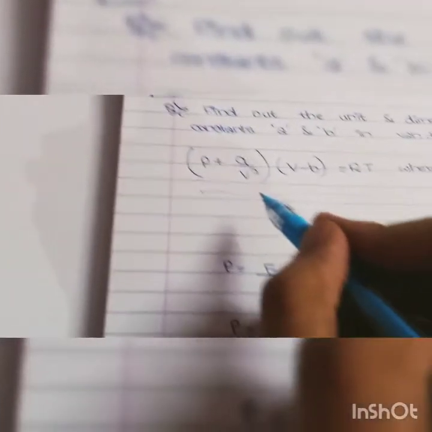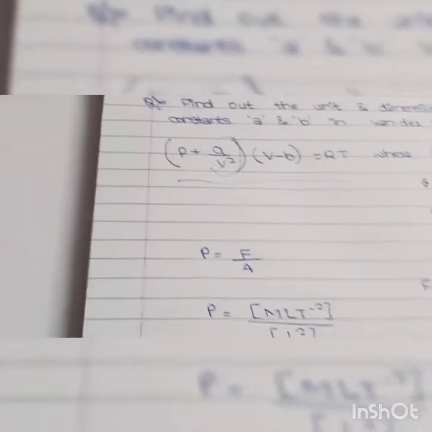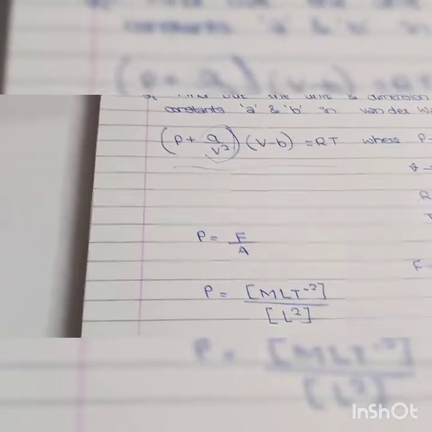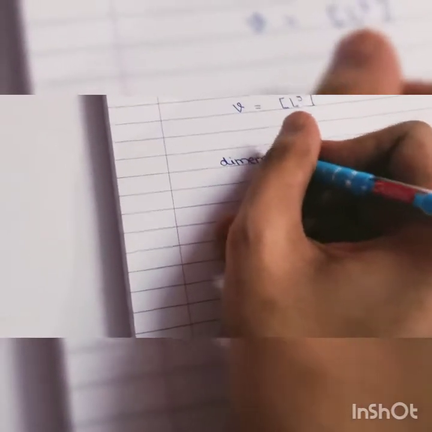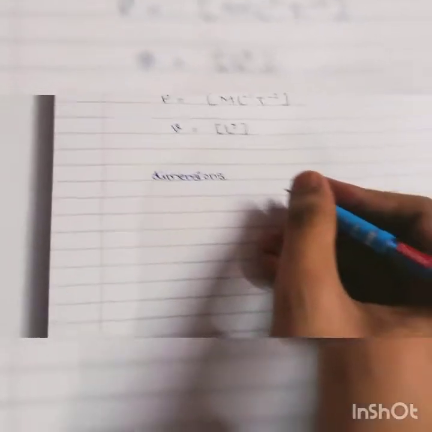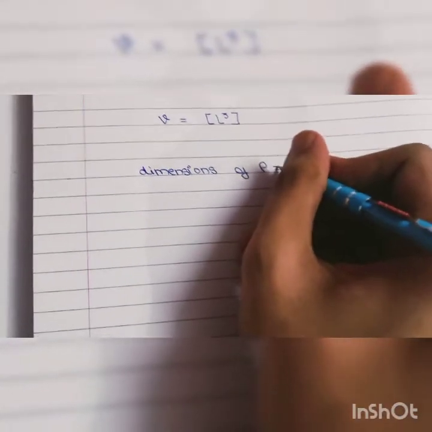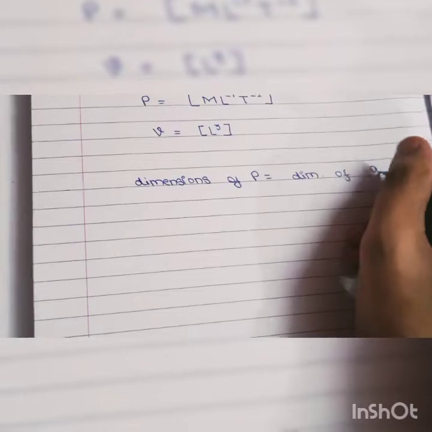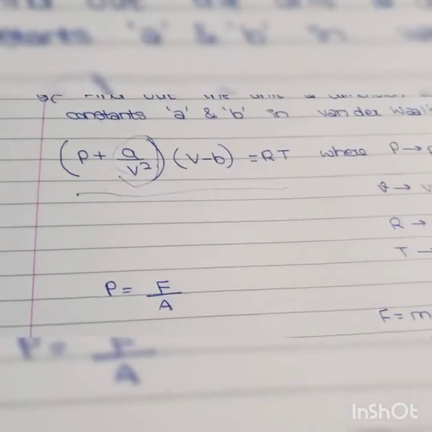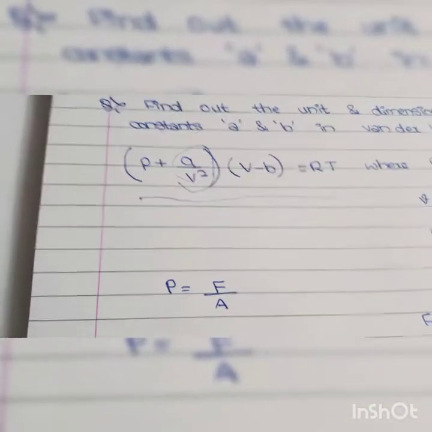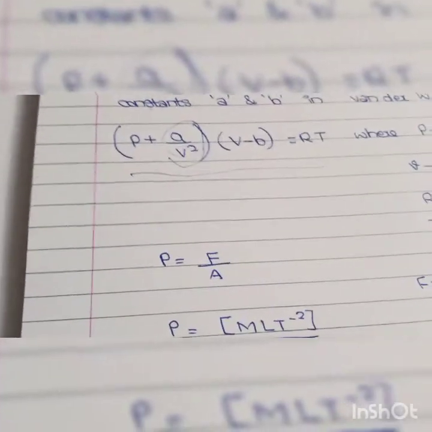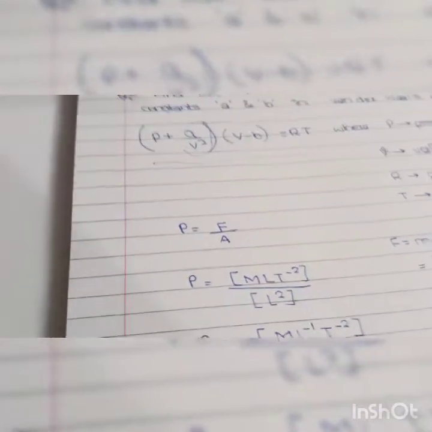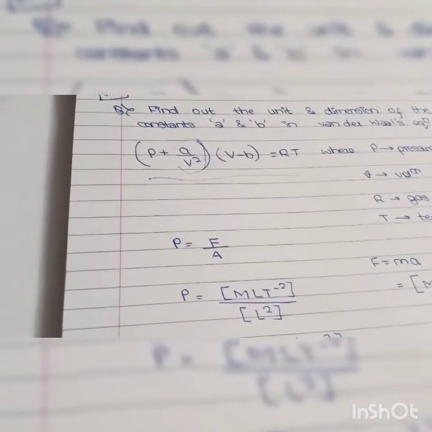The dimensions of P will be equal to the dimensions of A upon V squared. Similarly, the dimension of V will be equal to the dimension of B. Here we do not have to put the negative sign because we are taking out the dimensions, and the sign will not play any role.